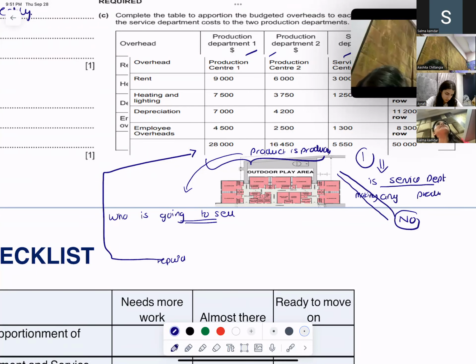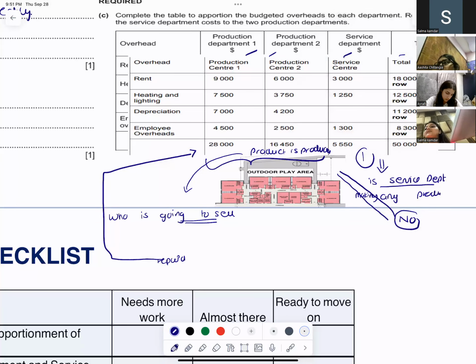I don't have any place from where I can recover. Do I have any place from where I can recover the service department expenses? No, not much. The service department does not make any product.